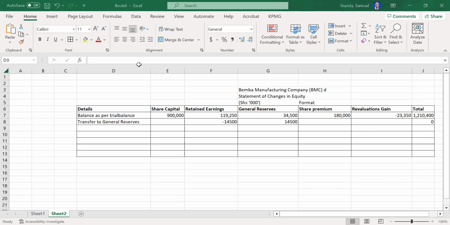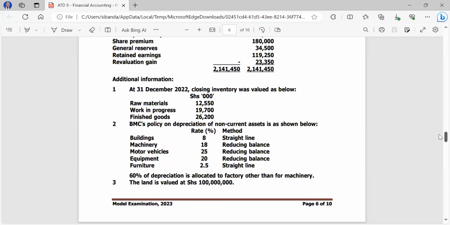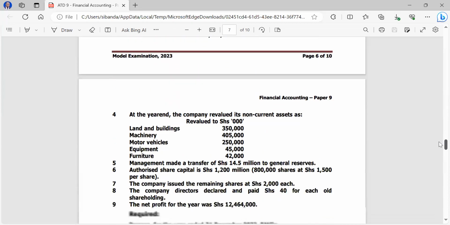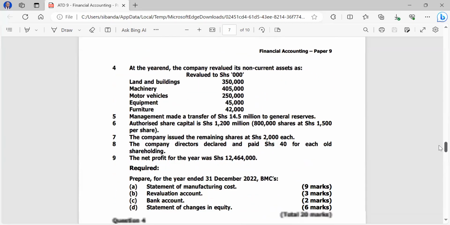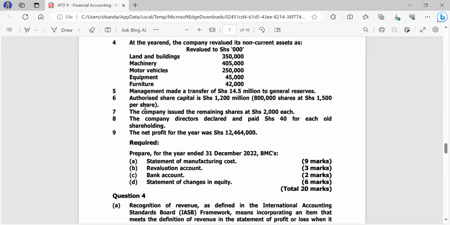Then I'll move and see. They are saying authorized share capital is 1,200,800 shares at 1,500 per share.